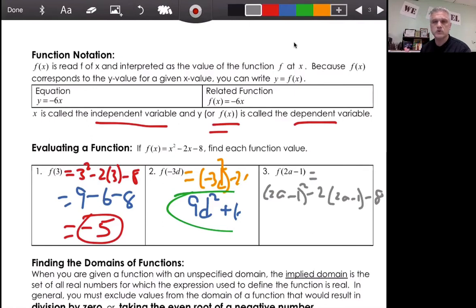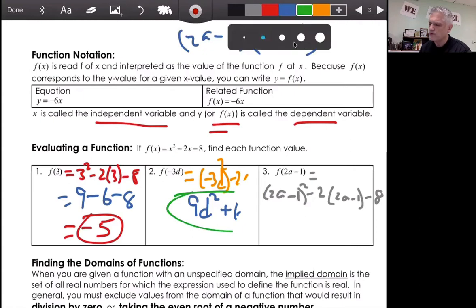Now we need to evaluate by expanding. Okay, so we remember that squaring means something times itself. 2a minus 1 times 2a minus 1. Okay, I'm going to do that off to the side up here. 2a minus 1, I'm going to square it by multiplying it by itself.